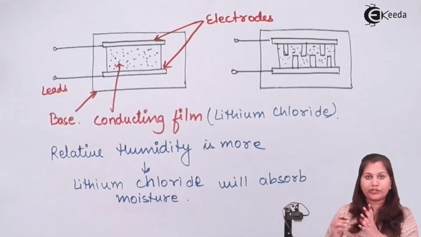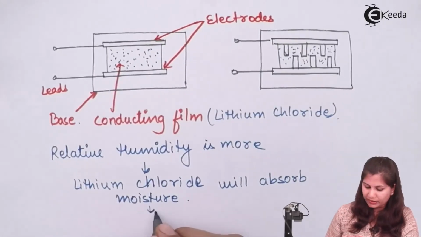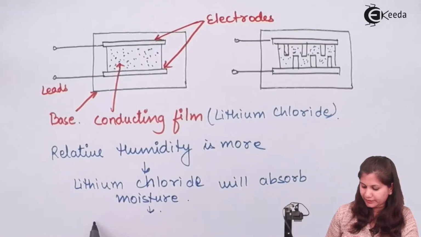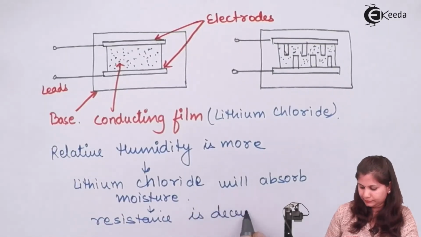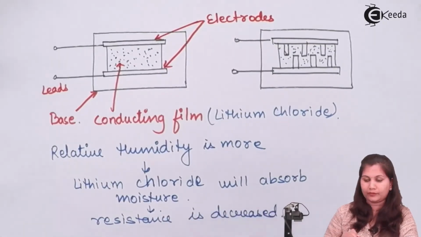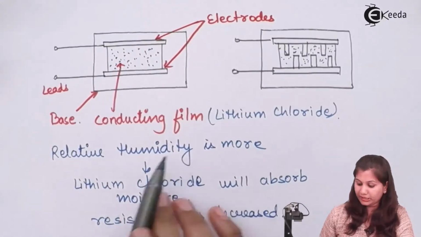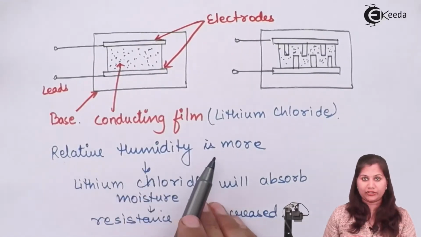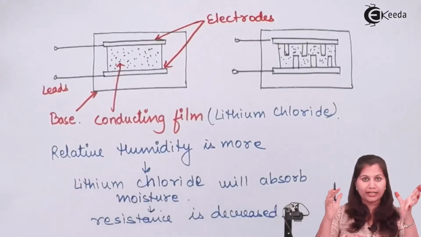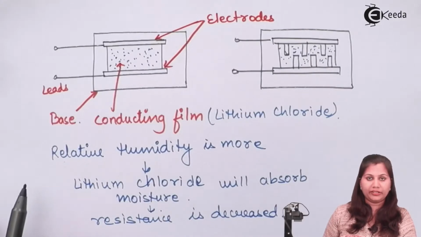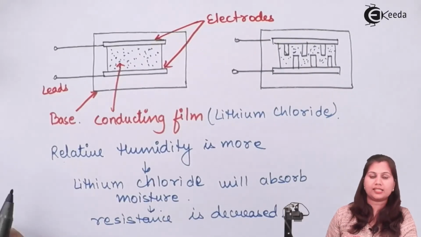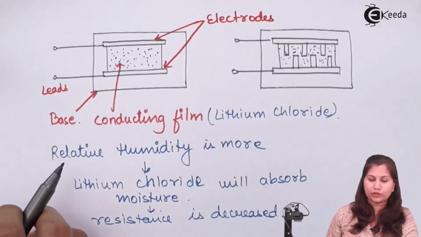Because water content is being absorbed, its resistance is going to decrease. So as the humidity changes, because the lithium chloride has absorbed the moisture, the resistance decreases, and this decrease in resistance is measured with the help of the Wheatstone bridge.